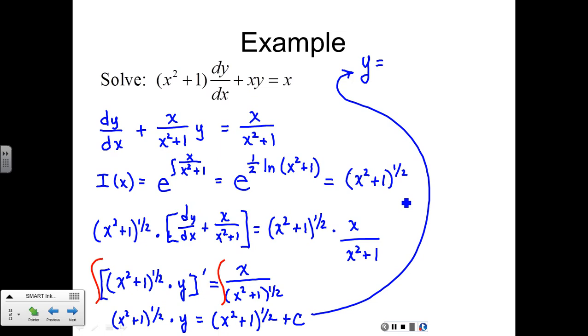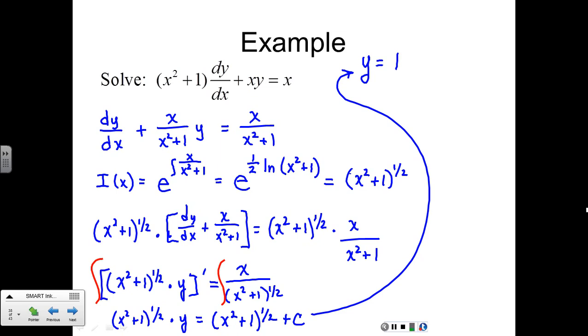So, what's my answer going to be? If I divide through by x squared plus 1 to the 1/2 power, what's going to happen on this term? When they divide out, how many times will that go into if I divide this out? 1. First term will be 1.